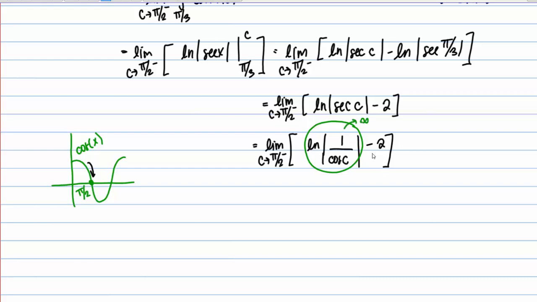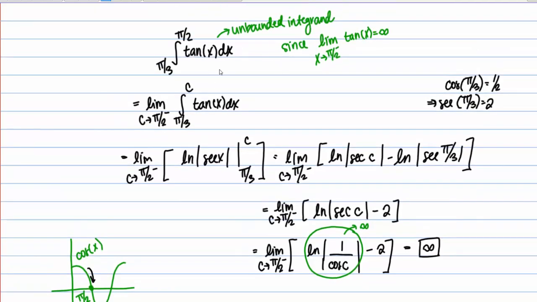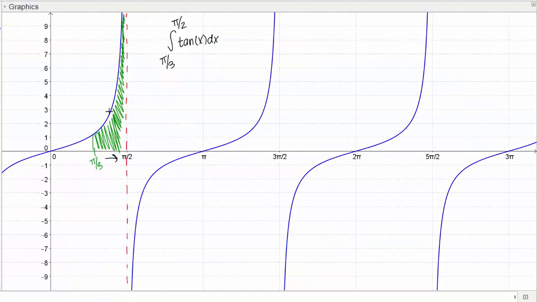And infinity minus 2 is still infinitely large, so we find that the answer to this limit is infinity. Okay, and that's actually the answer to our original integral here. Or what we might say is that this integral diverges. So this area here that we shaded in green just continues to get larger and larger without bound.